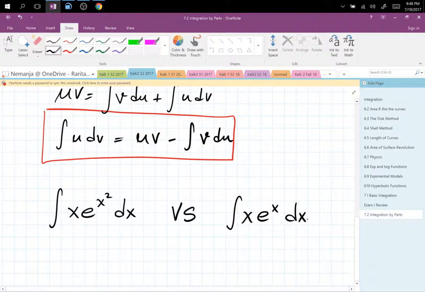Observe that the one on the left has x squared as the exponent and the one on the right just has x, right? Now, my hope is that everyone looking at this would immediately say the one on the left is just a basic u sub, right? It should be clear as day because you have function derivative pair, right? So the one on the left is a u sub. The one on the right is by parts.